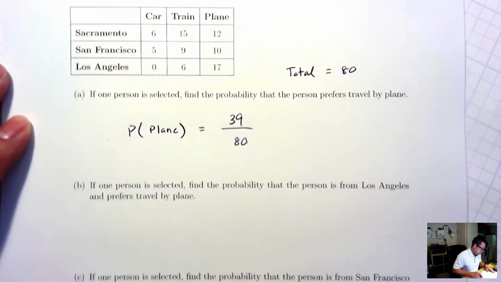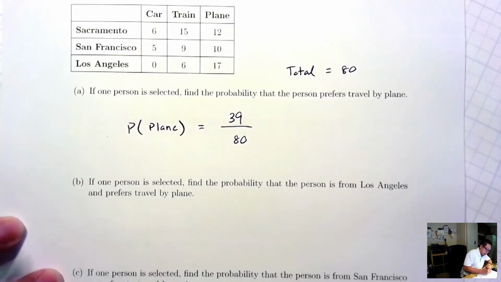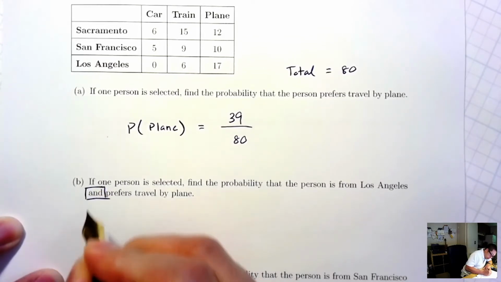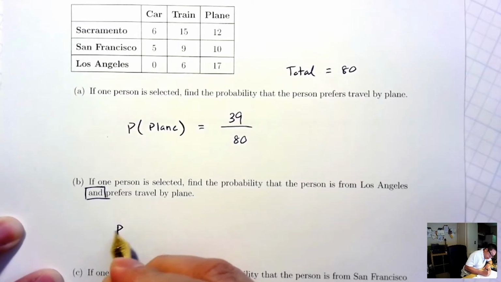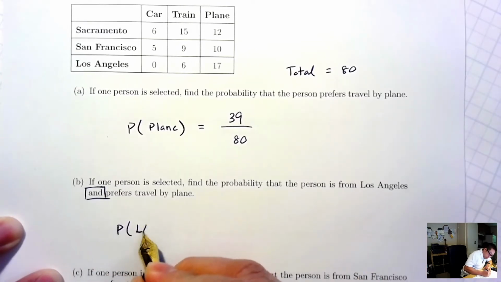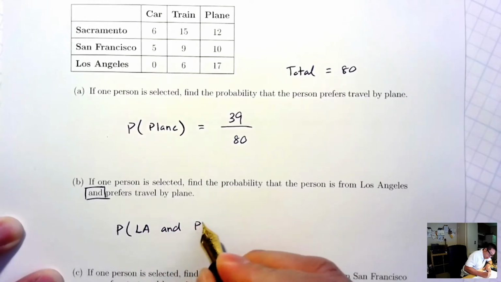Part B, if one person is selected, find the probability that the person is from Los Angeles and prefers travel by plane. The keyword here is and. Notation: what I'm looking for is the probability of Los Angeles, so LA, and prefers travel by plane.